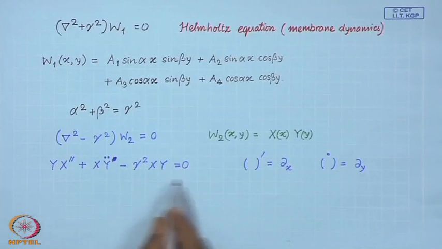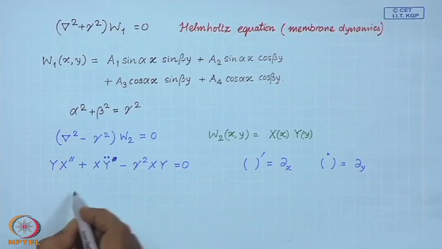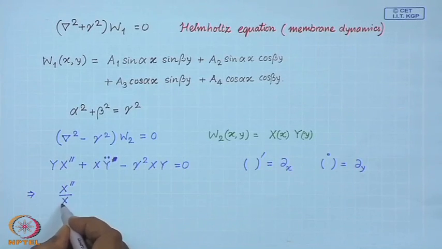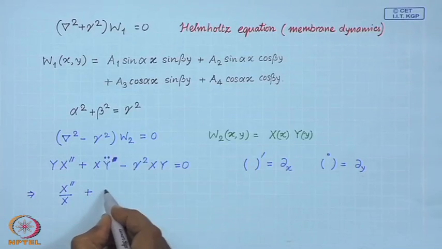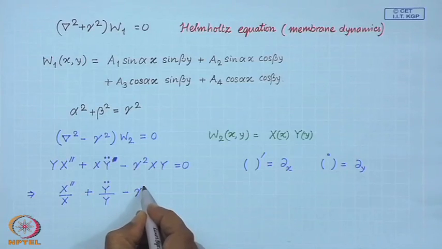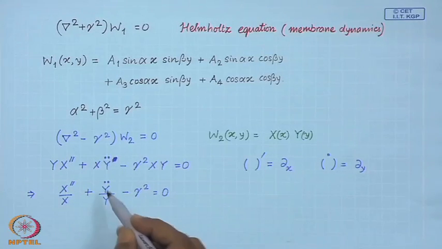So, if I divide this equation throughout by x y, then so I have this structure of the equation. Now, you see that this term is solely a function of x, this term is only a function of y, and this is a constant.